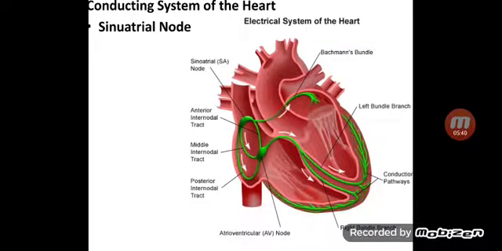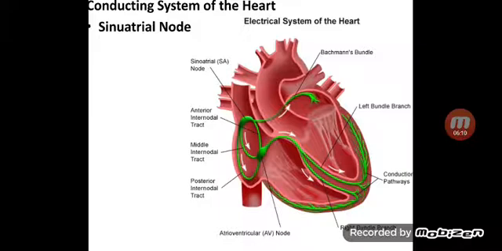So here the initiation of impulses starts, and then it will spread throughout the wall of the atrium, causing contraction of the atrium. So the atrium will be contracted first.